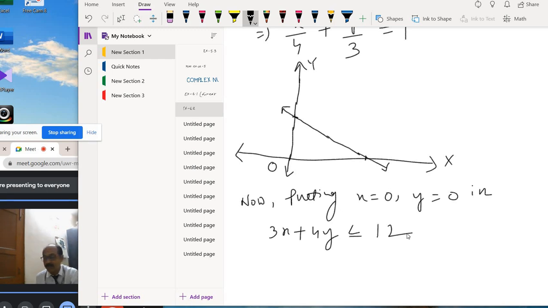Is it true? Yes, it is a true statement. So the direction of the line is towards the origin side.